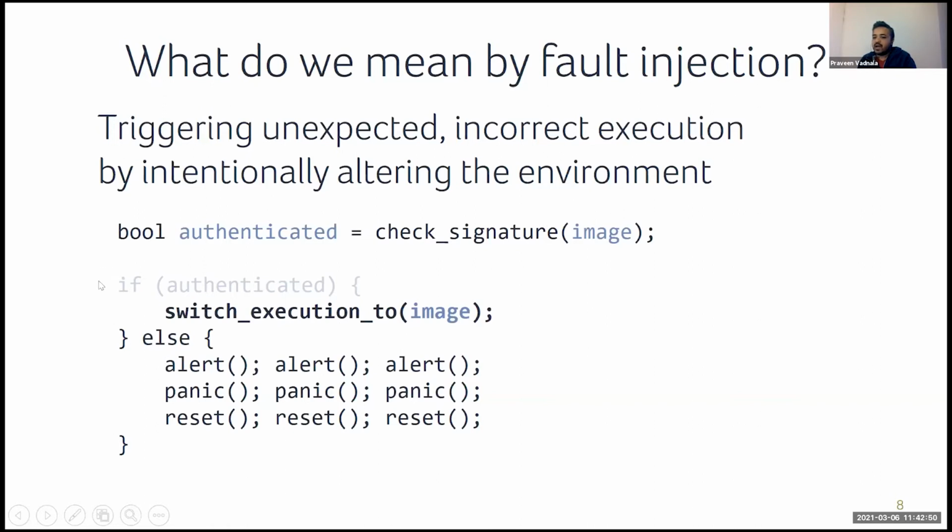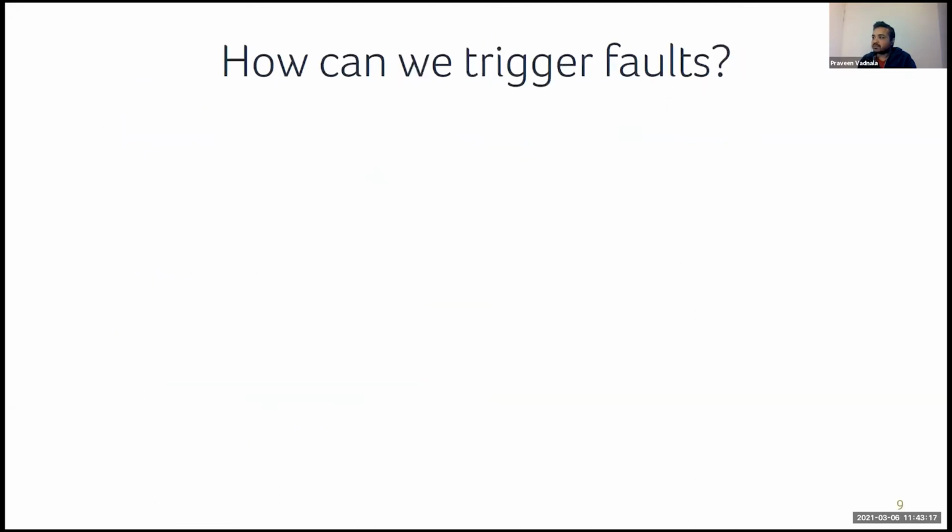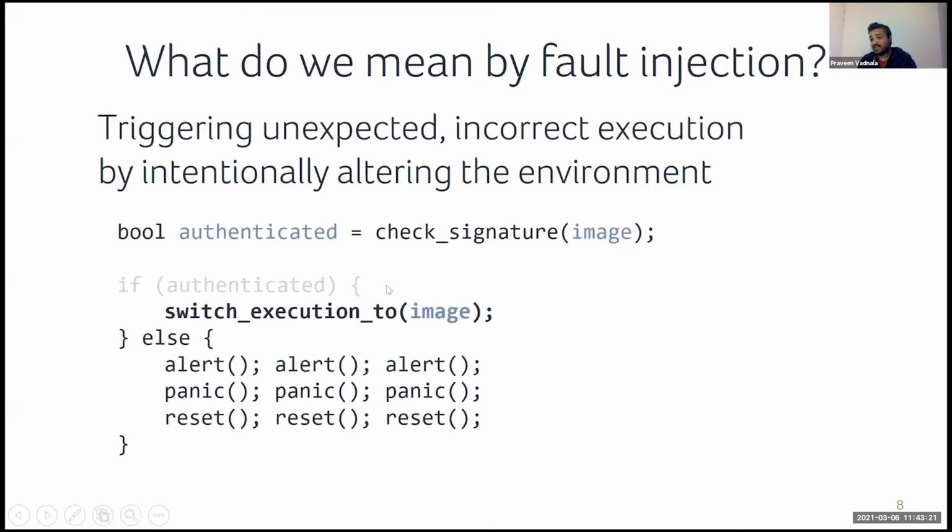But let's say I induce a fault when this if check is happening and change the outcome of this if condition. What can happen? Instead of going to the else, the program actually starts executing, and thereby an image which was not authenticated will be executed on the device, giving the attacker runtime control. So that's what fault injection can do.